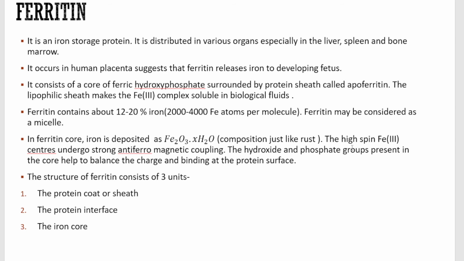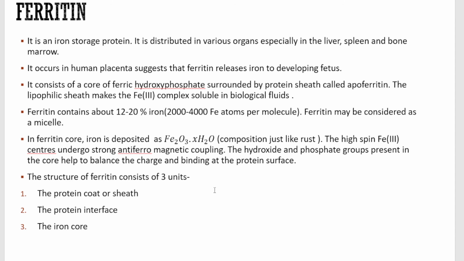And the hydroxide and phosphate groups that are present in the core help to balance the charge. And also, they help in binding the core to the protein surface. So, along with iron, there are hydroxides as well as phosphates in the core. What are the two functions? One is they balance the charge, plus they also help in binding the core to the protein surface.